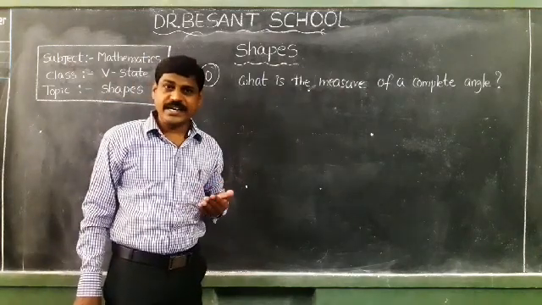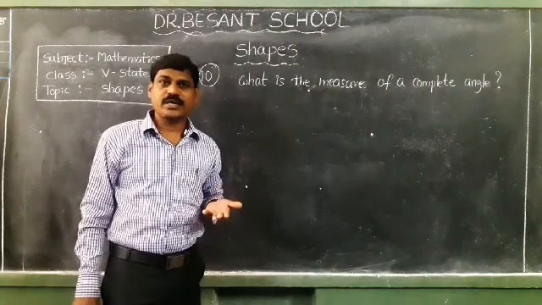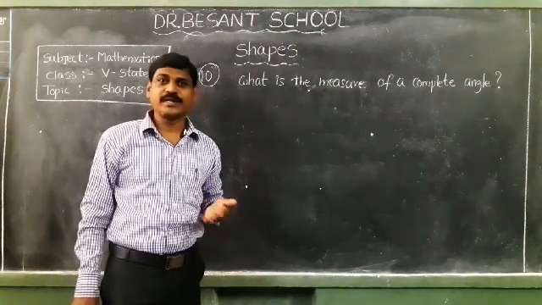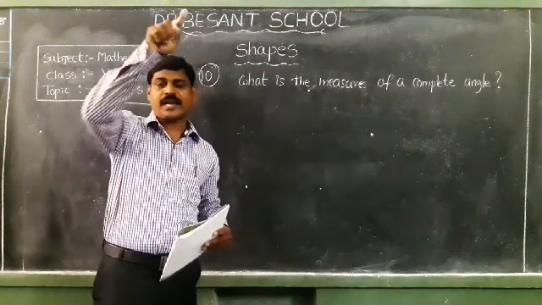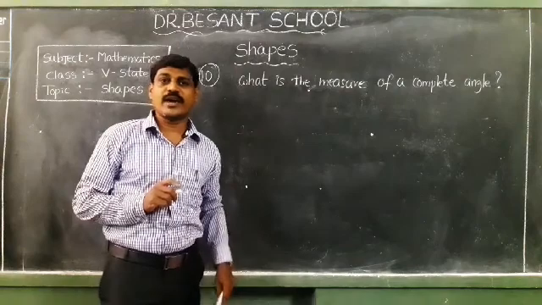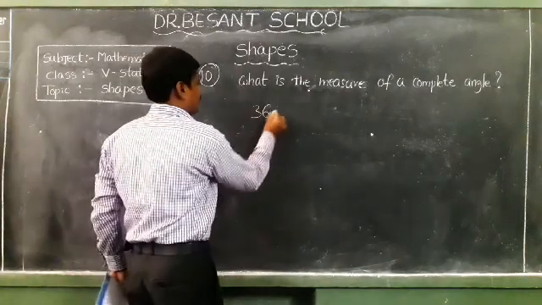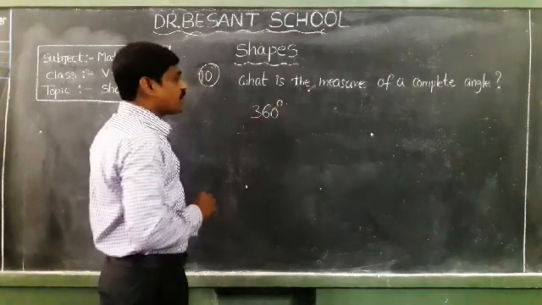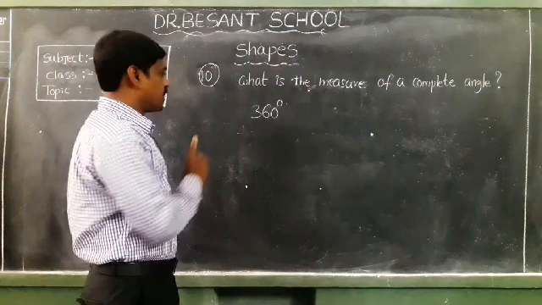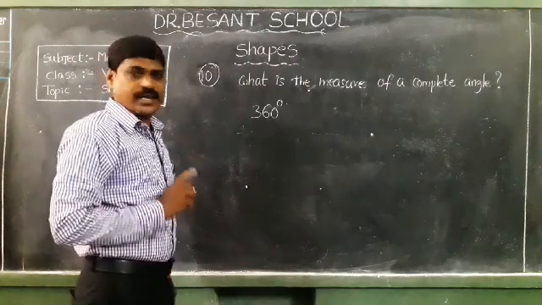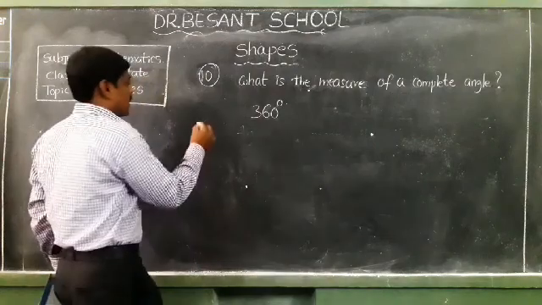No. Is this 90 degrees? No. Is this 180 degrees? No. 270 degrees? No. Then what is the answer? For a complete angle, how many degrees? 360 degrees. The measure of a complete angle is equal to 360 degrees. So you have to write 360 degrees. Okay. Next.